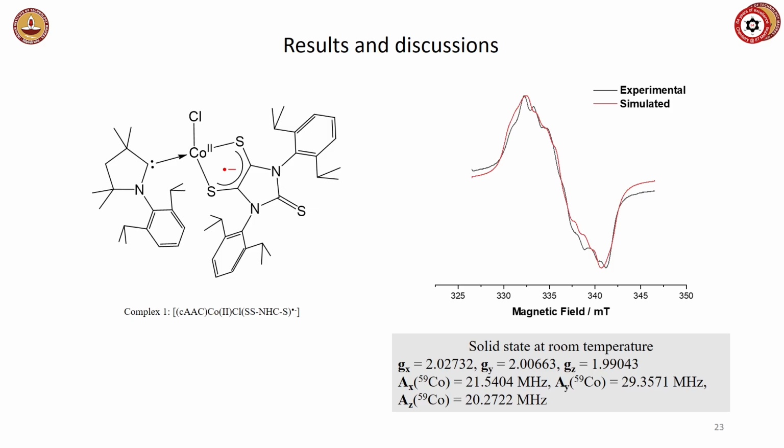Also this is a distorted geometry, not perfectly tetrahedral, so the gx, gy, and gz components are different. You see the values 2 point something, they are not the same, and then their nuclear couplings, so 8 lines are coming here, and these values are also given here, around 21 and 30 actually. What is that? Their coupling constants.